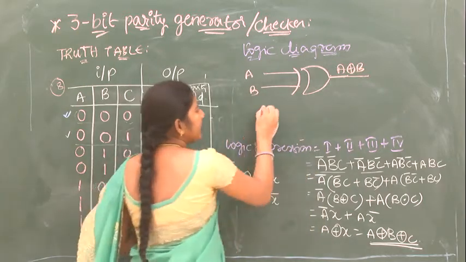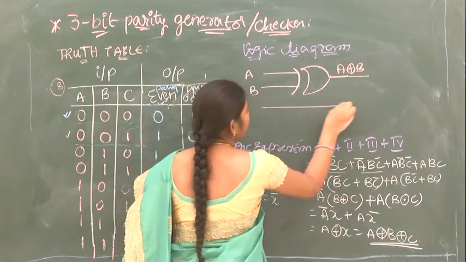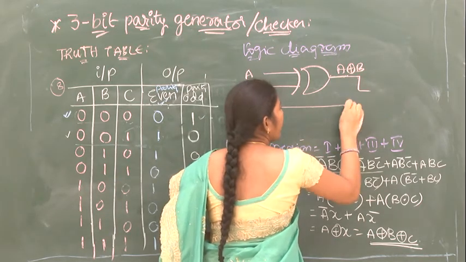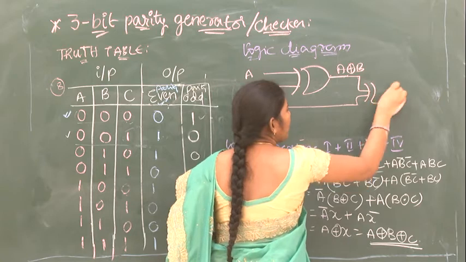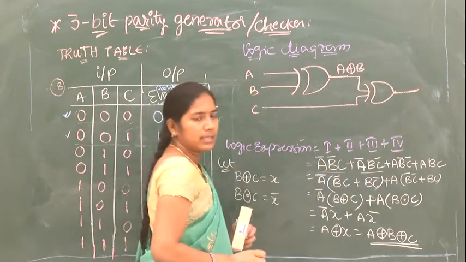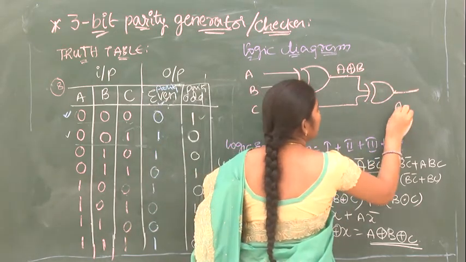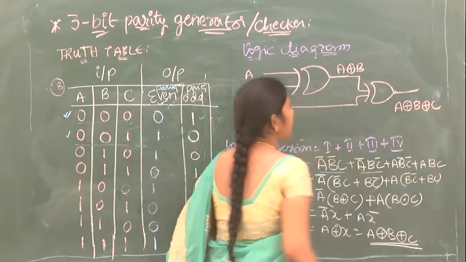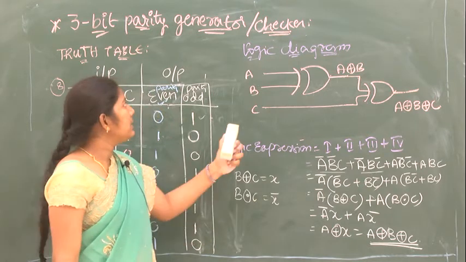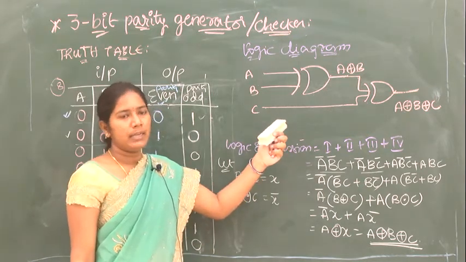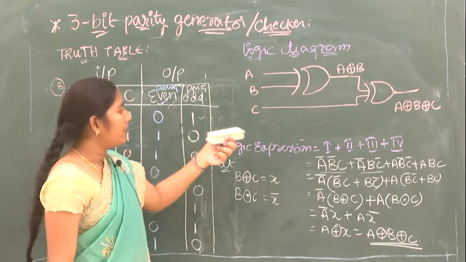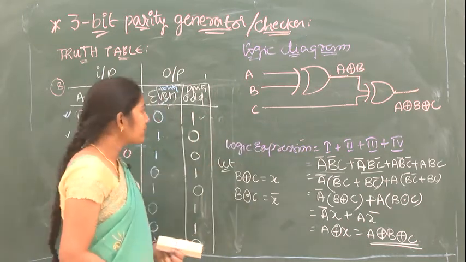Now I will take the third input C, which I give to one more exclusive OR circuit, then the overall expression becomes A exclusive OR B exclusive OR C. In this way, we can generate the even parity bit using a parity generator.